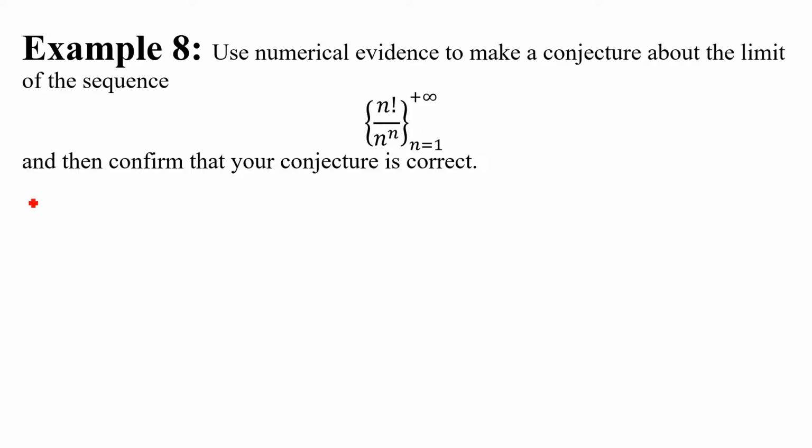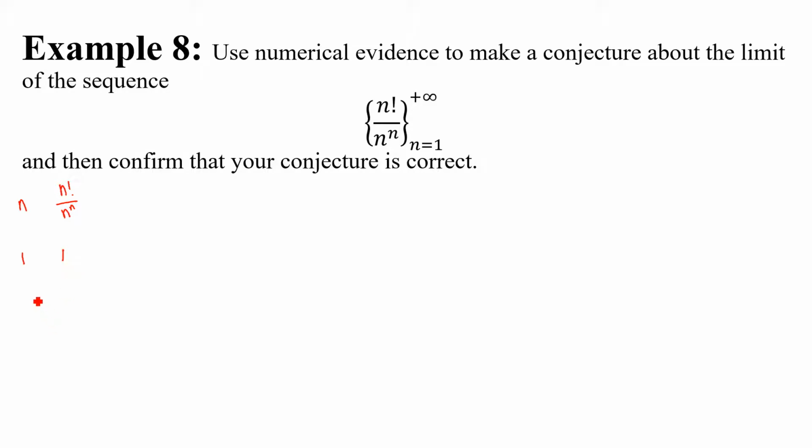So you have n, and then n factorial over n raised to n. You can use your calculators. So if n is equal to 1, then our first term would be 1 factorial over 1 raised to 1, which is equal to 1.